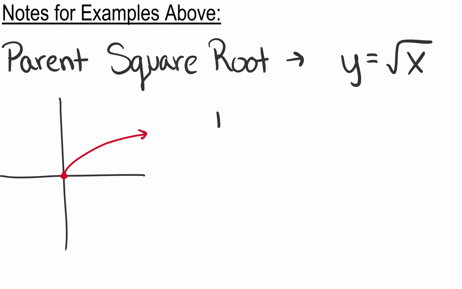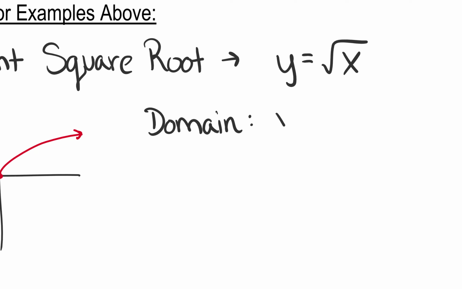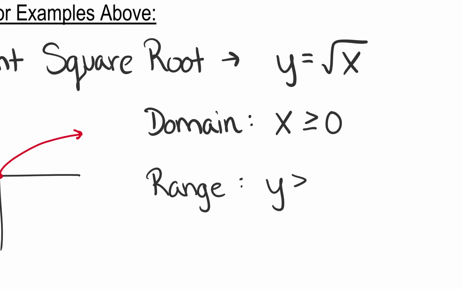Alright, so the domain for the normal function is just going to be x is greater than or equal to 0. And the range for this one is y is greater than or equal to 0.